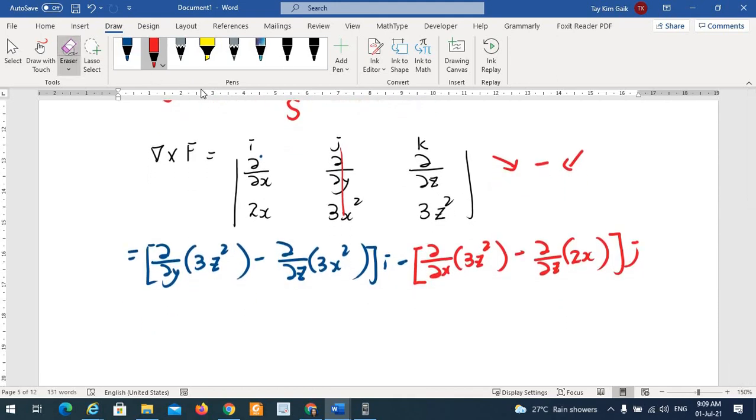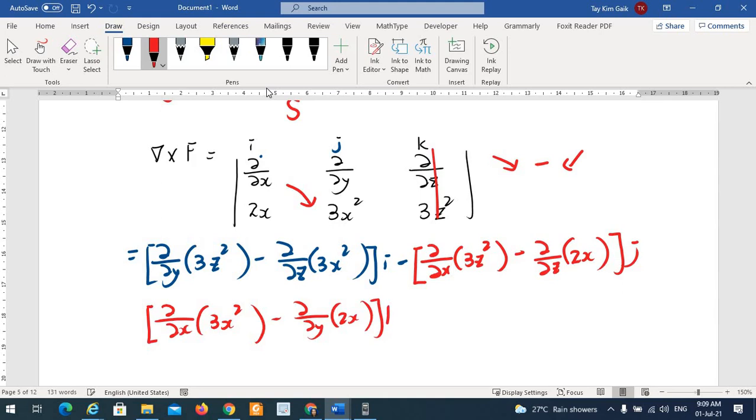Then now doing the component k: del del x 3x squared minus del del y 2x. So that is the component k. Simplify it.